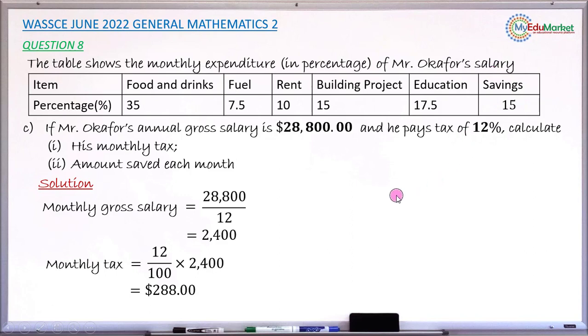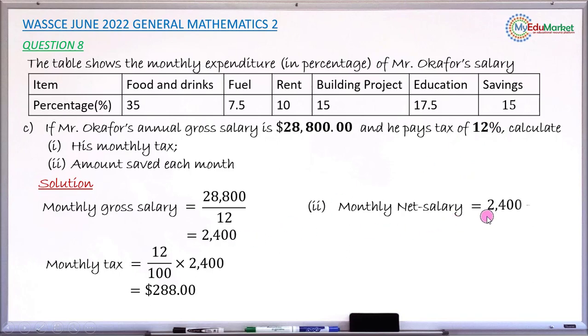Net salary is simply the take-home salary, because this 12% tax will now be deducted from his monthly salary before he is given the salary. So let's start and attempt to get that very net salary. So monthly net salary is now going to be this gross salary minus 12% of that gross salary.